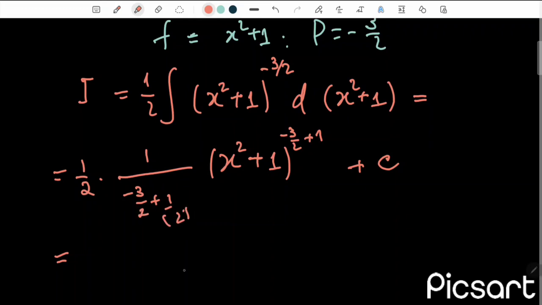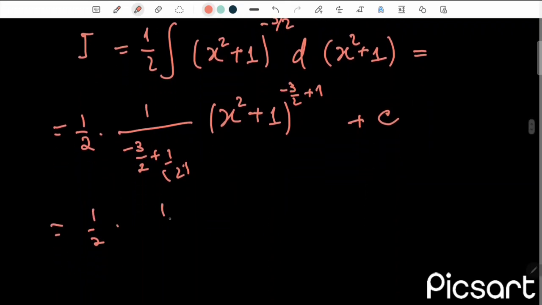and I will solve this step by step. Here we get 1 over 2 times 1 over (minus 3 plus 2) over 2. Then we can simplify 2 by 2.